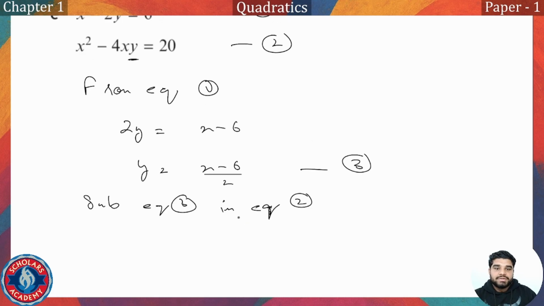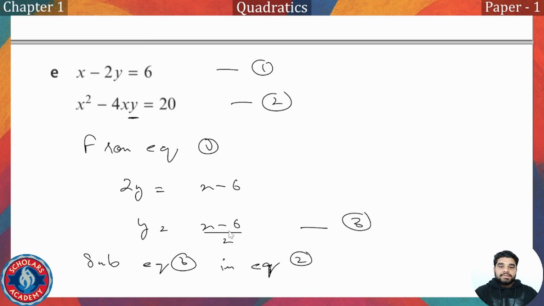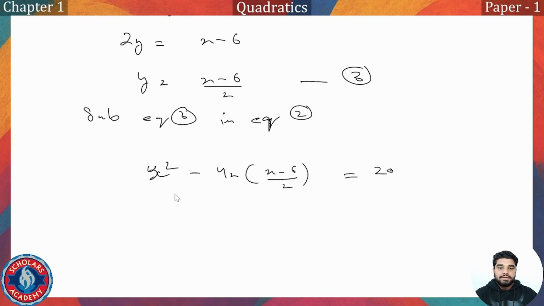if we substitute these, we get x square minus 4x times (x minus 6) by 2 is equal to 20. So we substituted this and got x square minus 4x times (x minus 6) by 2 is equal to 20.